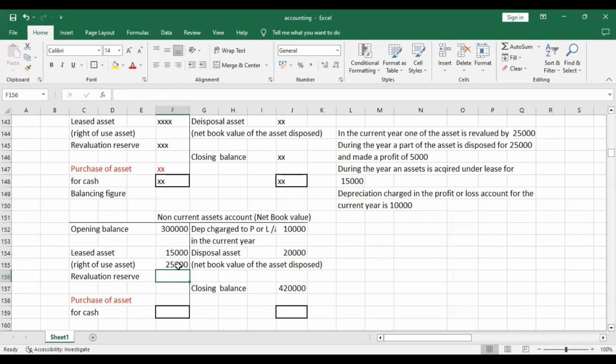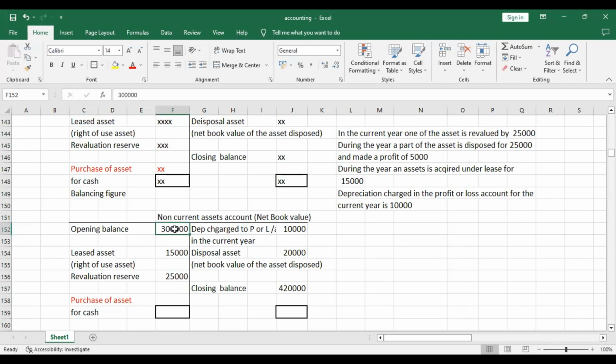So the leased asset is 15,000, and the revaluation is 25,000. Are you clear?